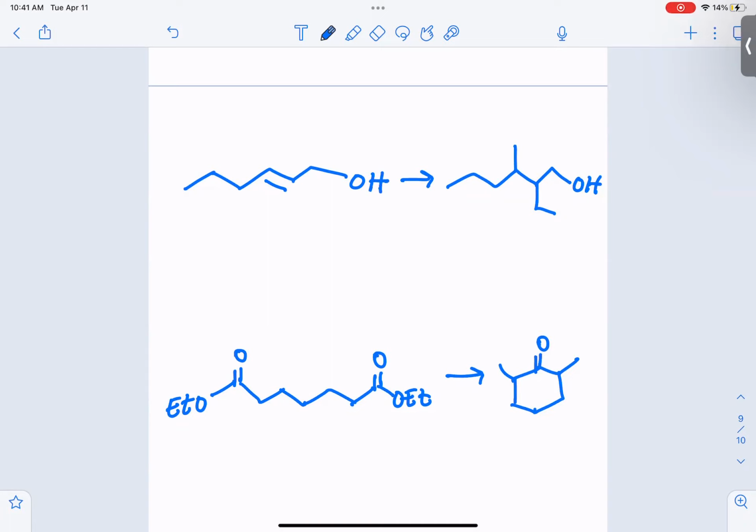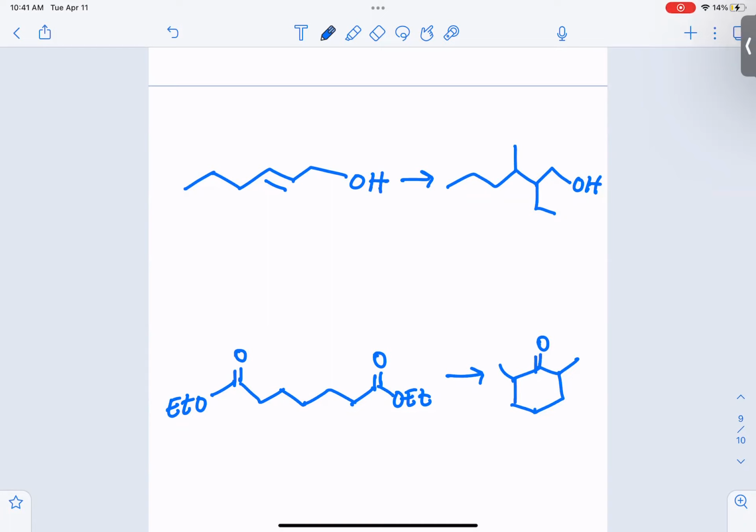Okay, so if you take this, to get that OH you could have done lithium aluminum hydride, water, or you could have done NaBH4. And that would take us back to that aldehyde.